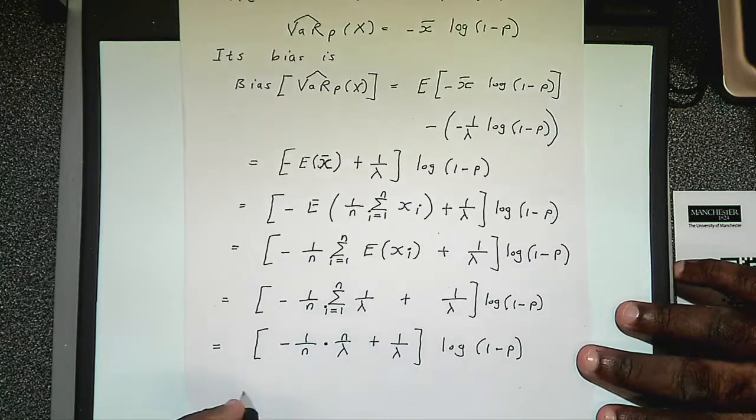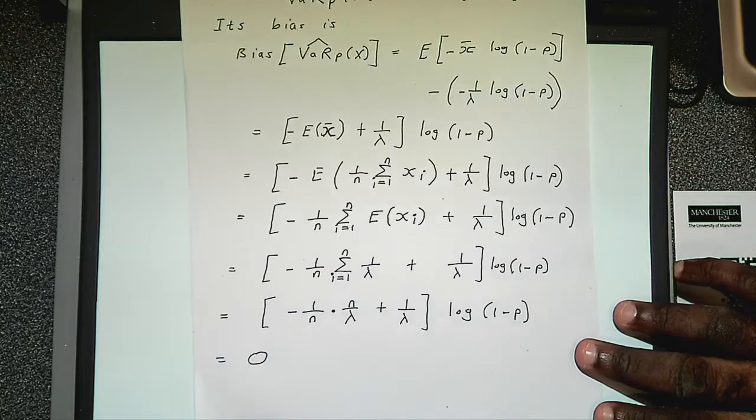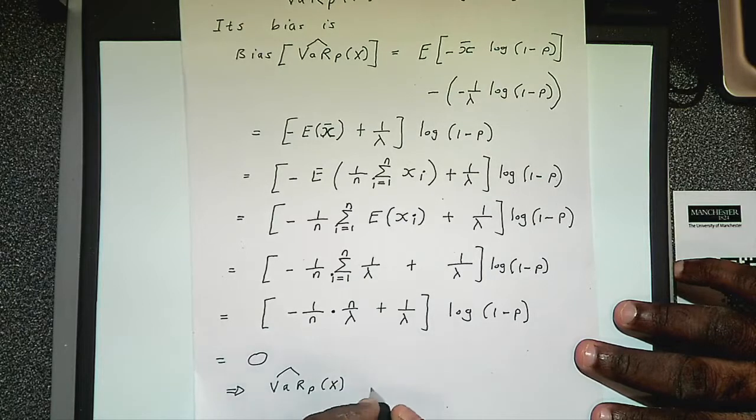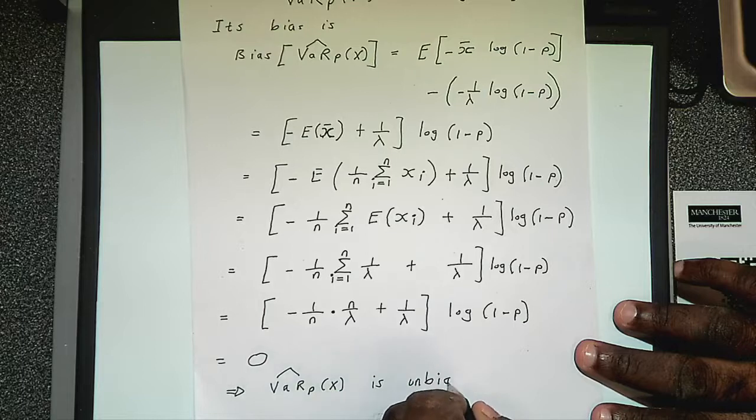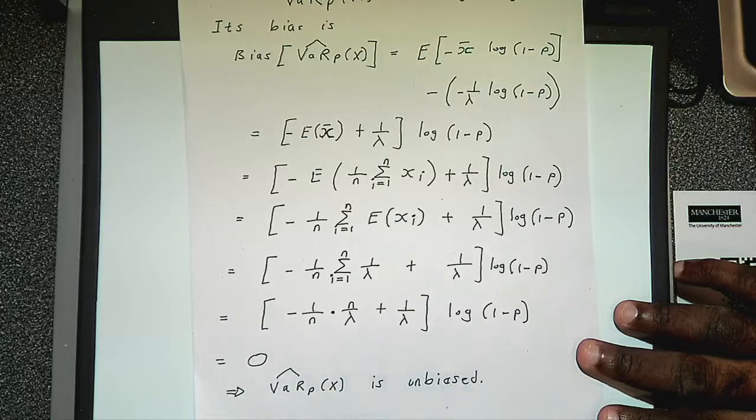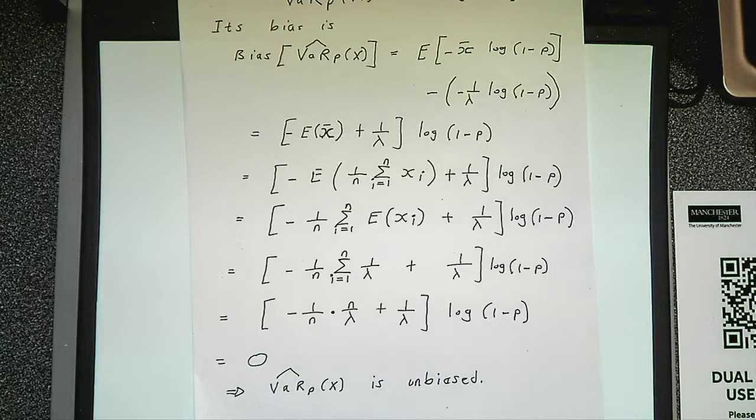And this is clearly 0. So what we have shown is that the estimator for VaR is unbiased.